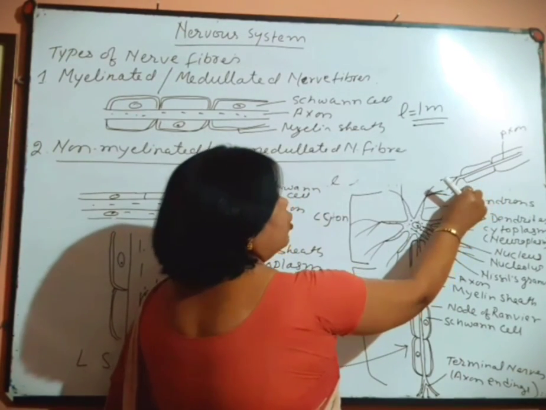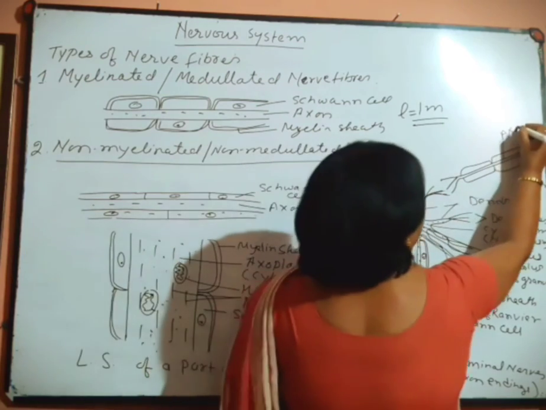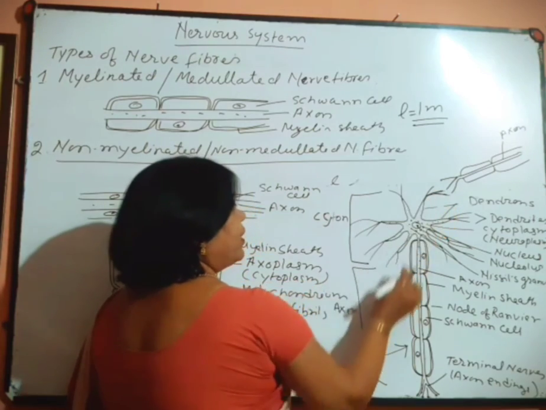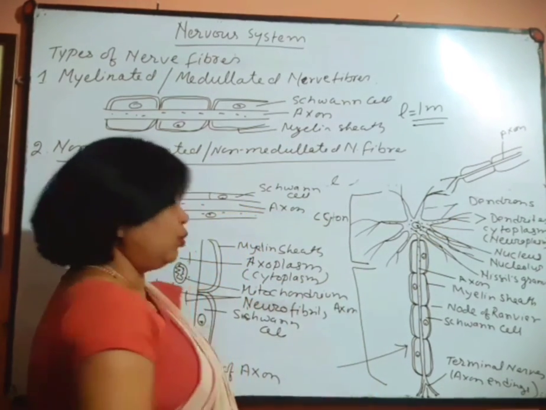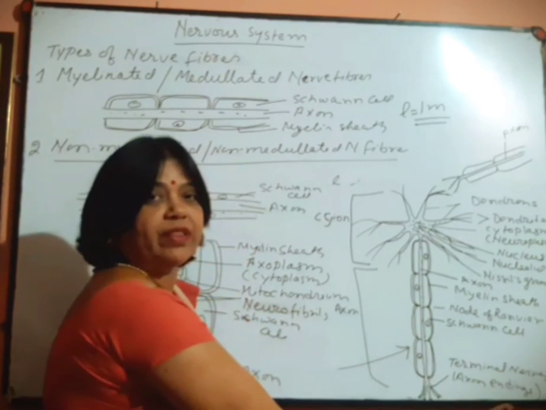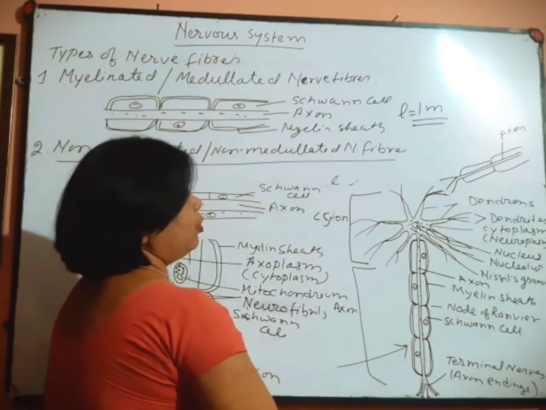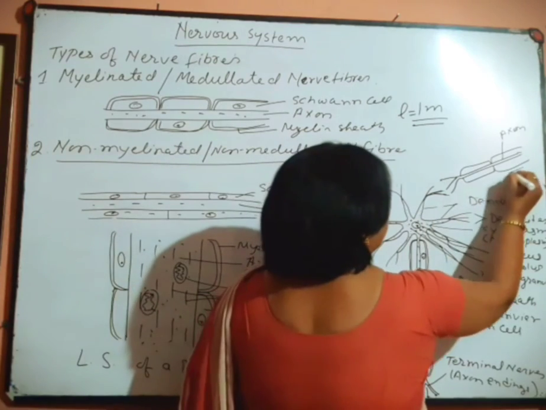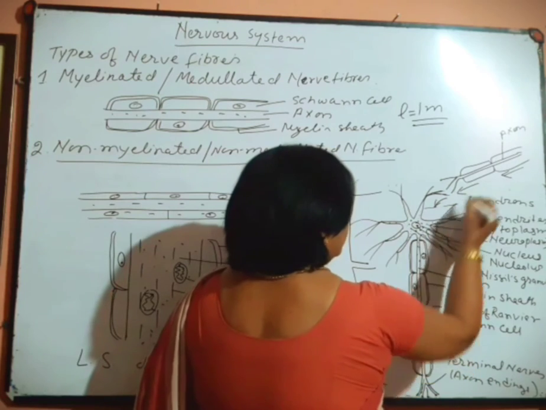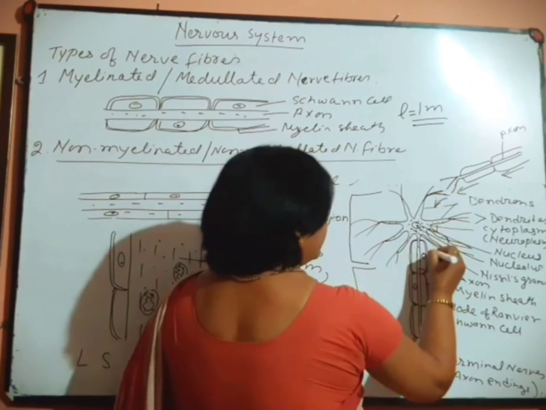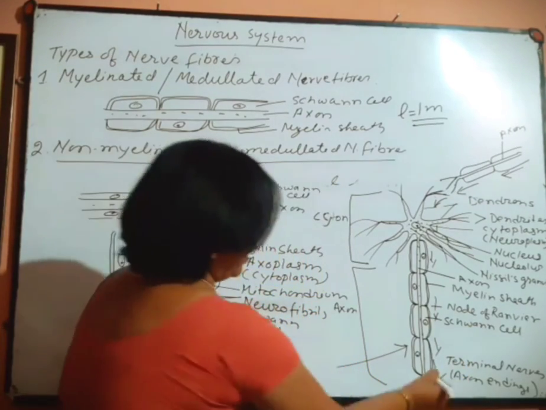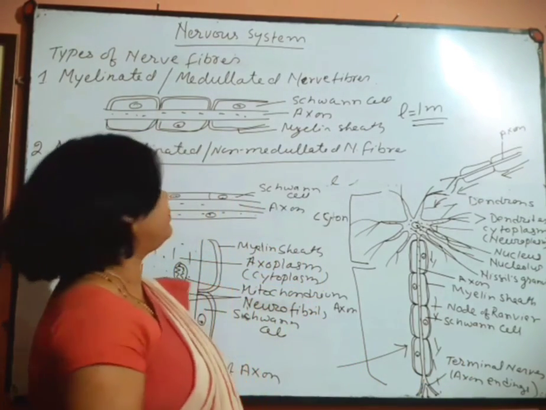The axon of one neuron makes connection with the dendrites of another neuron. Again, the axon of this neuron makes connection with the dendrites of another neuron. So when the nerve impulse is transmitted, it passes through the axon to dendrites and then again from the axon to dendrites.